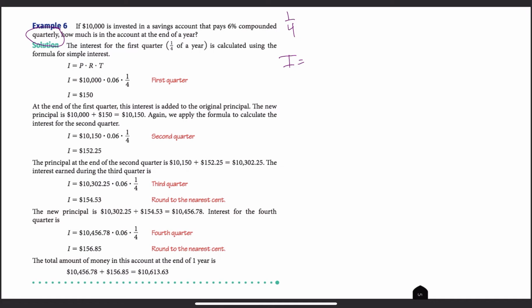So remember, interest equals principal times rate times time. So the interest is equal to the principal, $10,000, times the rate, which is 6%, times the time, which in this case is 1/4 of a year.